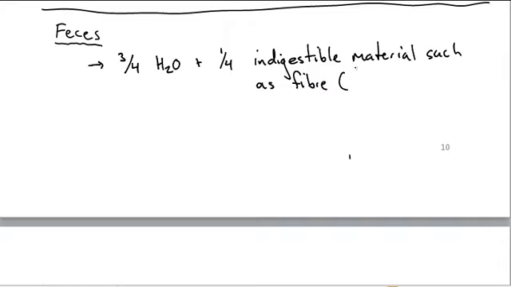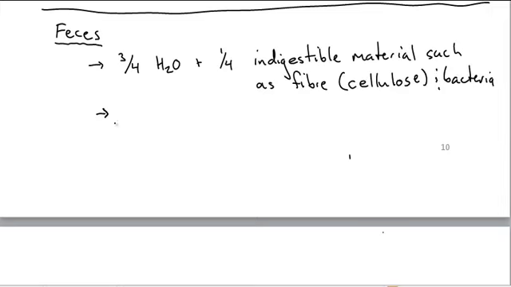Do you guys remember? What is the polymer of glucose that plants make that we can't digest? It starts with a C. If you got cellulose, excellent. If you spelt it better than I did, bonus points. And also bacteria.